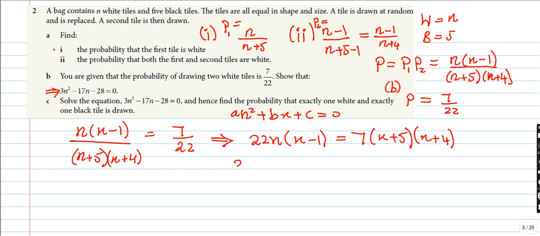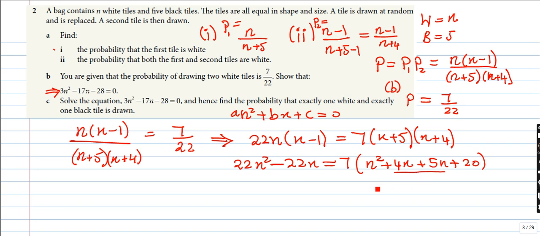That leads us to write down 22 n squared, multiplying out, minus 22n after you remove the bracket. And here you keep the 7 outside and you multiply out, so n into n is n squared, and n into 4 is 4n, and 5 into n is 5n, 5 into 4 is 20. There are like terms here, you add them and then multiply out by the 7, but I would like to bring all the terms to this side, so let us do it in one step.